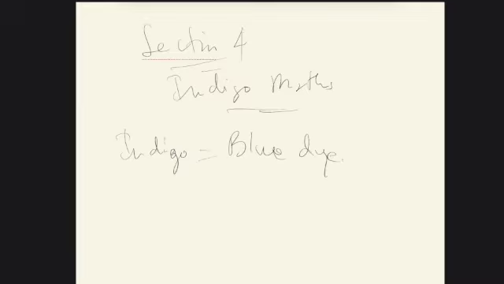Now, before synthetic dyes were invented, people could not simply go to a store and buy blue coloring. Blue dye had to come from nature. One of the best natural sources was a plant called indigo. So indigo was transformed to blue dye and then put on the clothing.